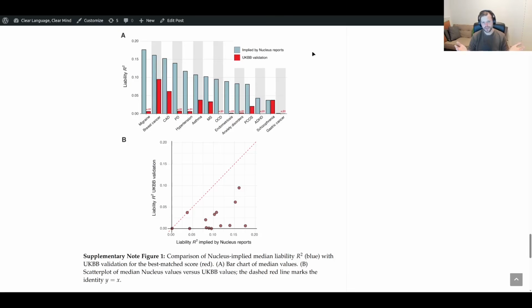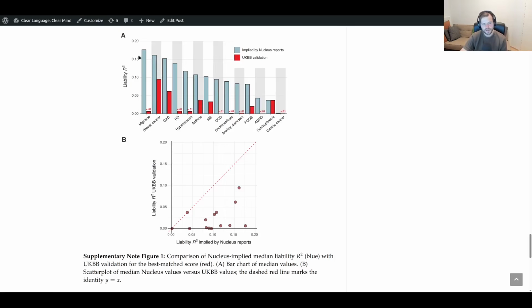If you have a useless model, the risk for the worst embryo and for the best embryo will be the same if the model has no validity, right? And so insofar as the best and the worst embryo for a given disease differ, you can work backwards and estimate how good the model that they have used is, or at least how good they claim.